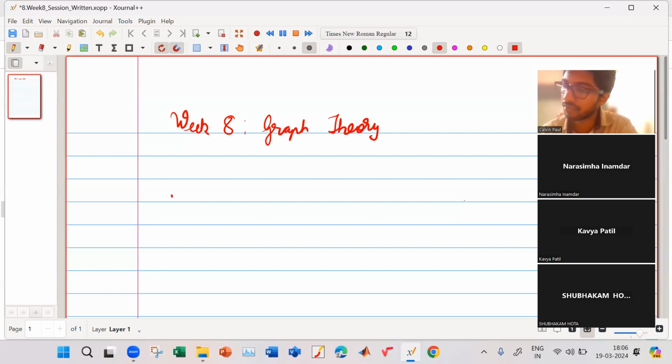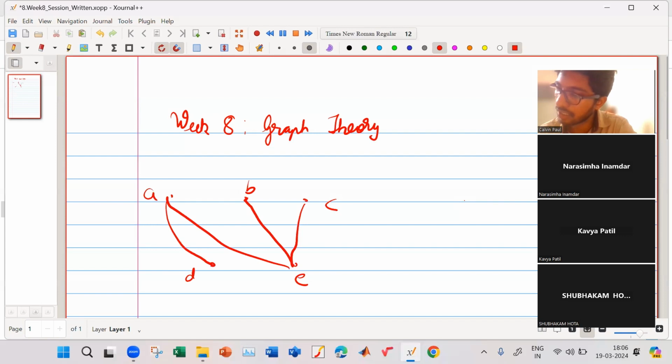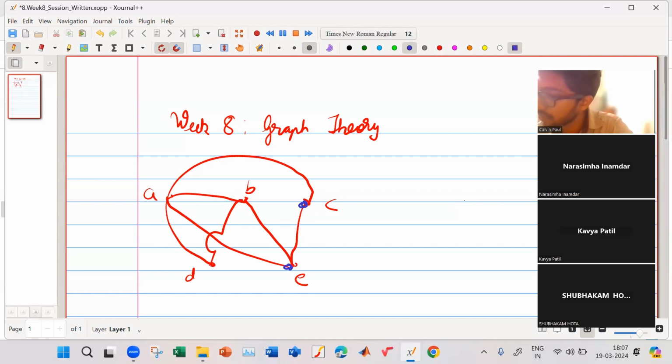Like you have some A, B, C, you have D, E. This is connected here, this is connected here, and so on. Suppose we have such a network, okay? So many connections are there. Then how do you solve it?